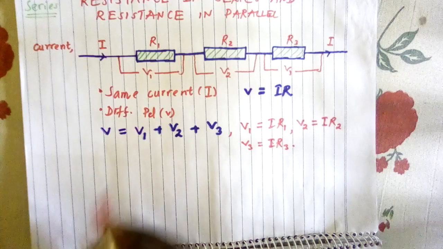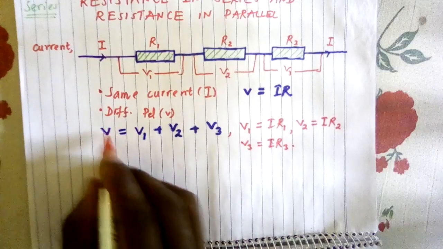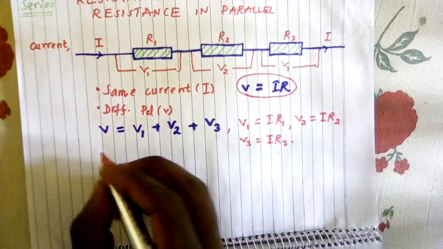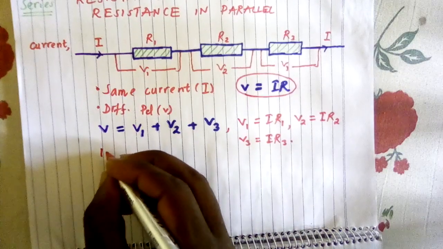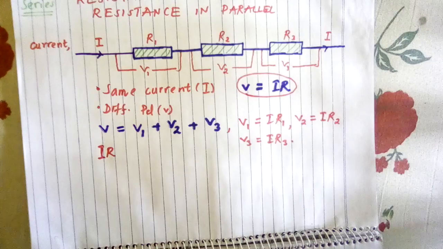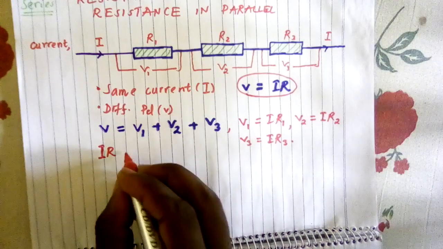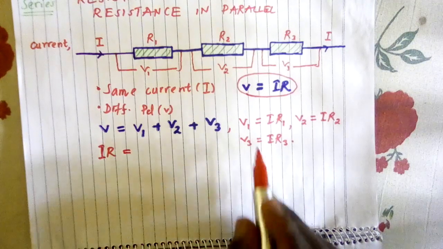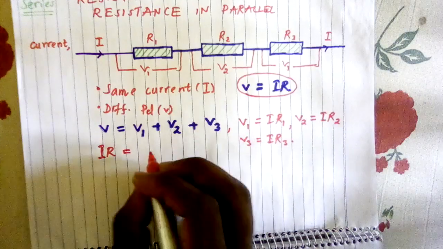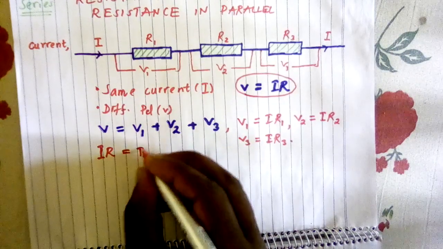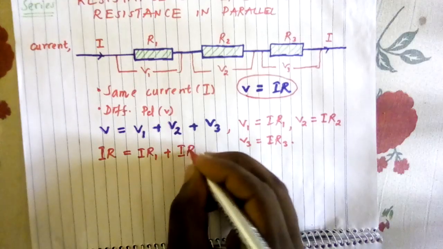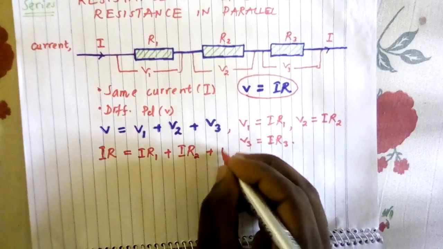So V is I R, where R is the equivalent resistance, and it's given by V1, V2, and V3: I R1 plus I R2 plus I R3.